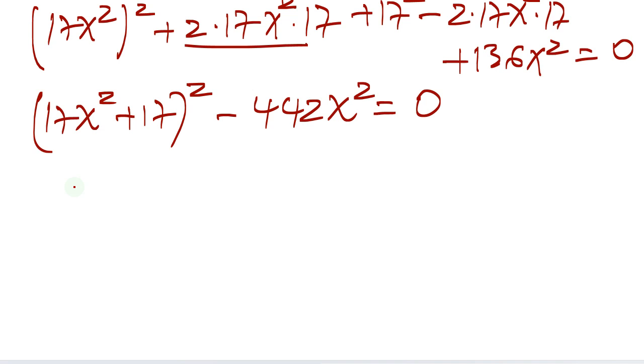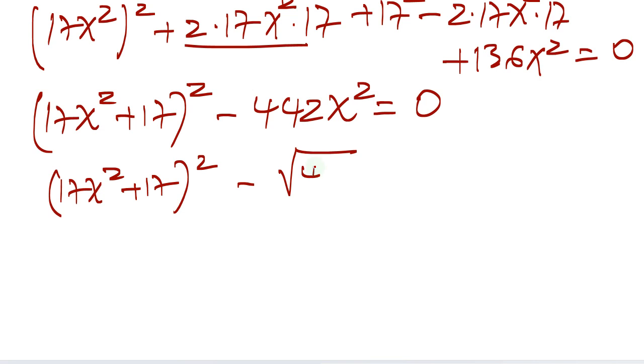Okay, that's right. So (17x squared plus 17) squared minus (square root of 42 times x) squared.